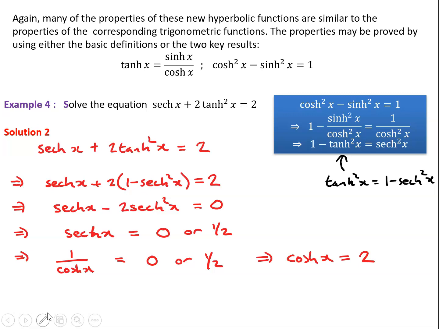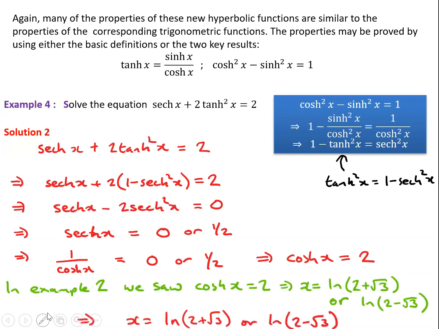Well, we can't have an infinite value, so we must just have cosh x equals 2. And if we've got cosh x equals 2, again, in example 2 earlier on, we saw that cosh x equals 2 tells me that x is either the natural logarithm of 2 plus root 3 or the natural logarithm of 2 minus root 3.